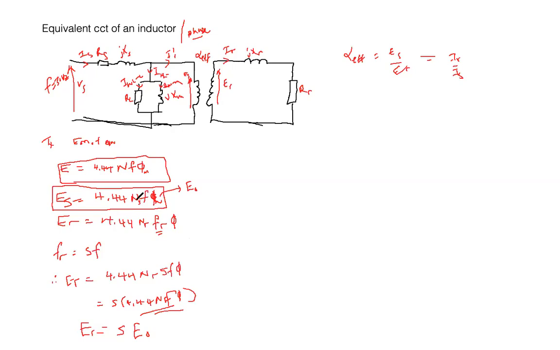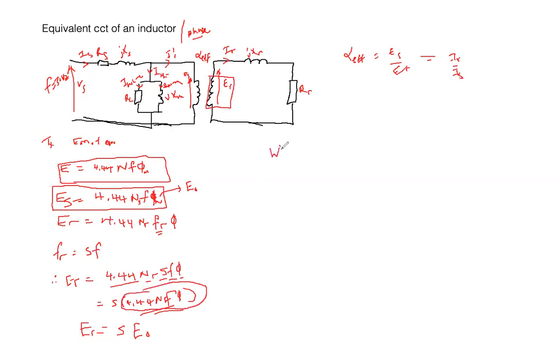What I'm saying here is that the EMF induced here is equal to 4.44 times NR times S times F times flux. But if I factor out the S, I have this EMF here.